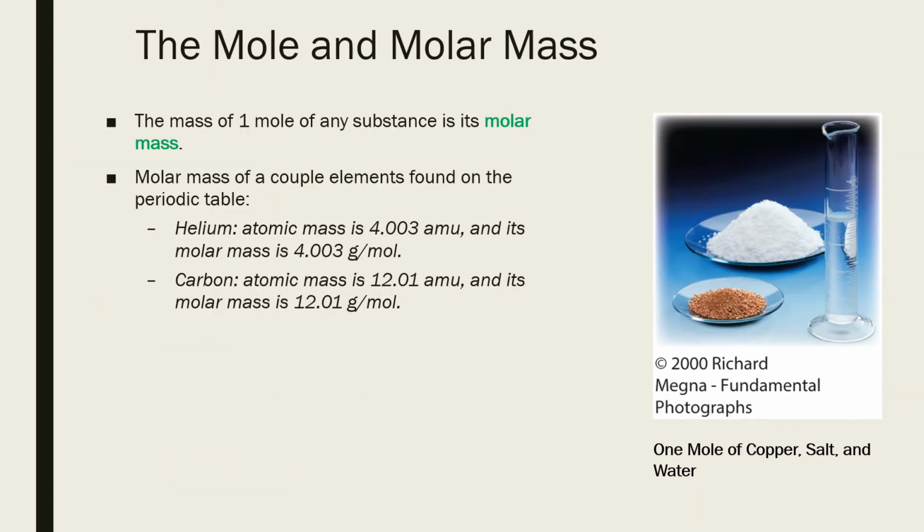It is obvious that we can't actually count atoms or molecules because they are too small. We can't see them. So now the question is, how do we measure 1 mole of any element or compound? The answer is that there is a quantitative relationship between the number of atoms, molecules, or formula units of a substance and its mass. So we count the atoms from the mass of that particular substance.